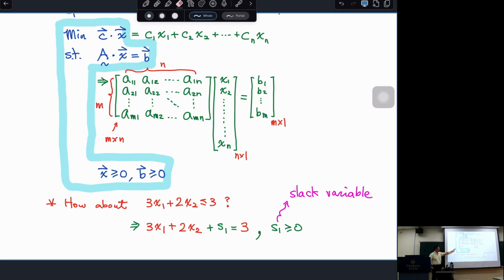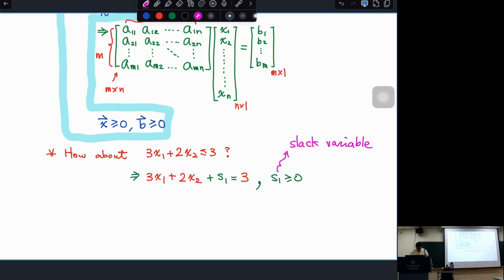Okay, so this is one way, actually I think a good way, to convert inequality to equality. So when you see this, add a slack variable on the left. And there is another situation.